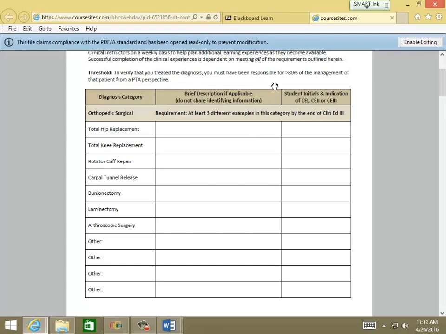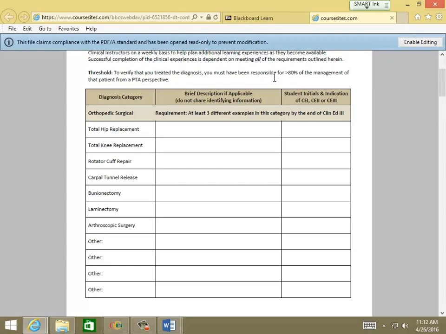So for some students, if they are working in an outpatient orthopedic setting, they might really take advantage, even if it's clinical education 1, of saying, I'm going to try and really make sure I get all of my orthopedic surgical exposures completed while I have this one clinical experience with this host of patients available to me.